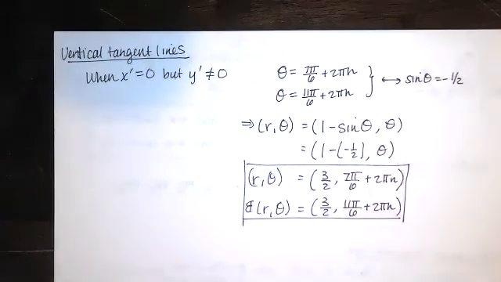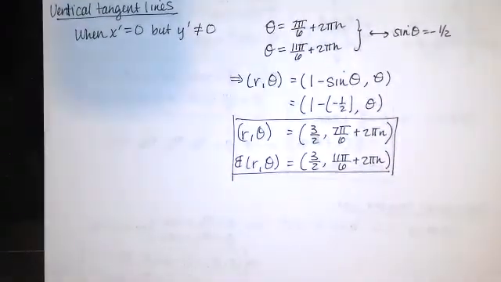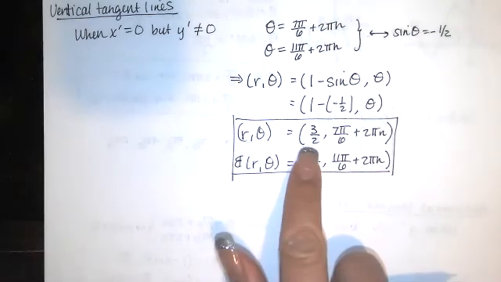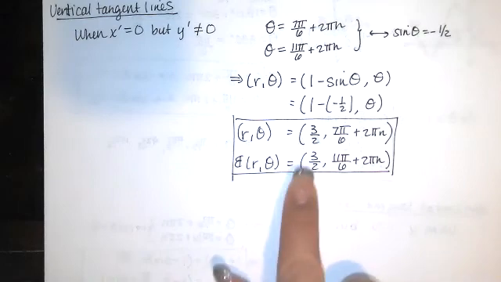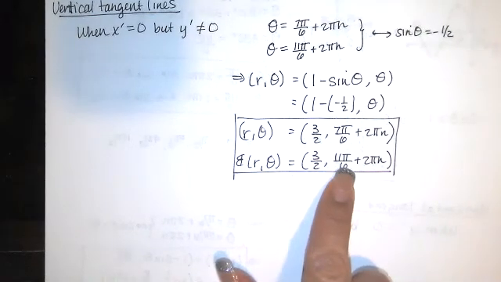Now this video is getting kind of long, so I'll stop. But it would be helpful to graph this function and then just look at the curves at these locations, and we would see at this value of r and this value of theta, we have a vertical tangent.